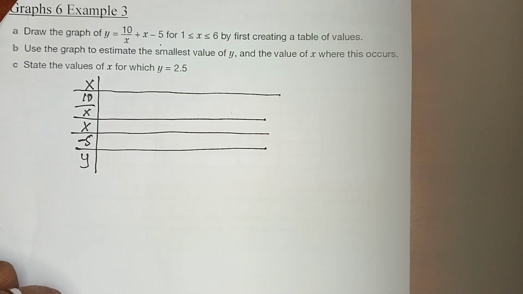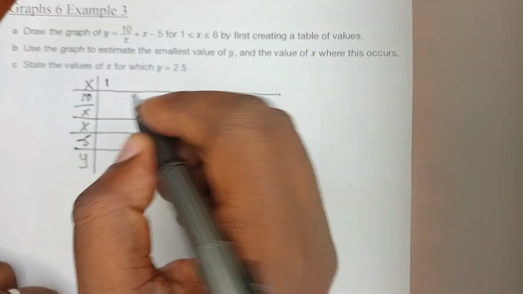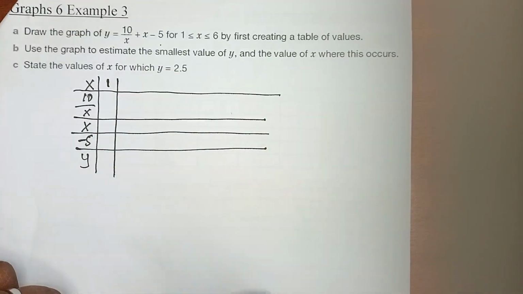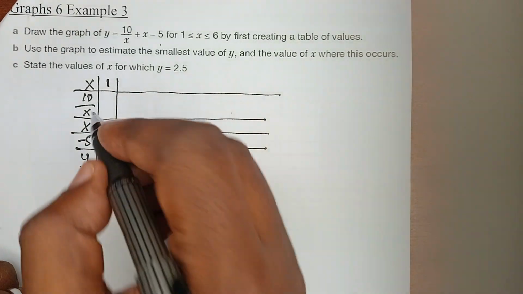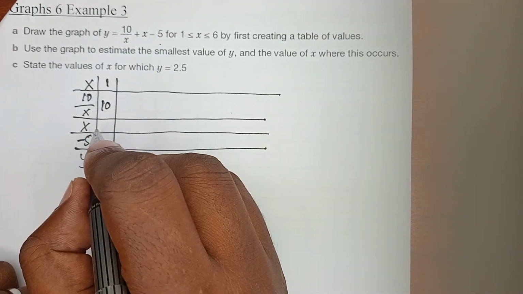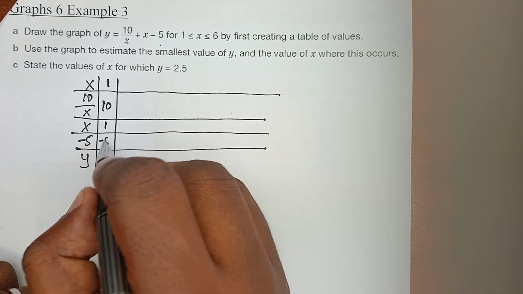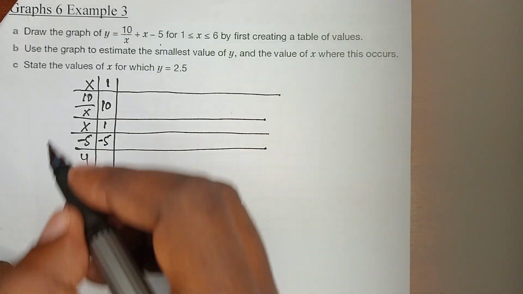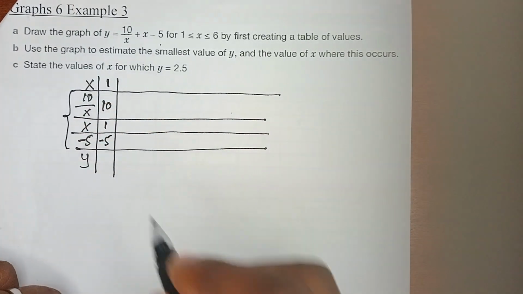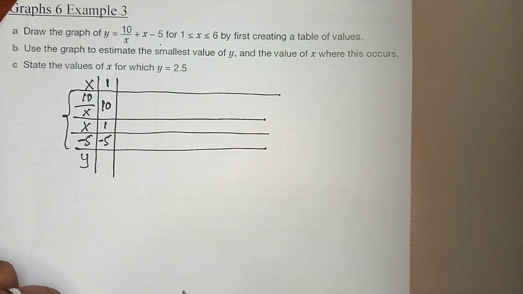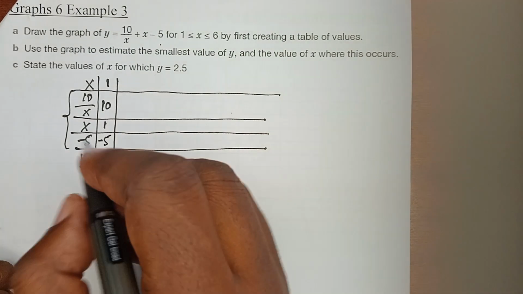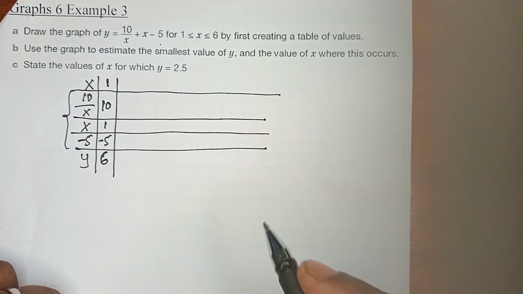When x is 1, because that is the least value of x, 10 over 1 is 10. Then x represents itself here as 1 again, and this is a constant minus 5. The value of y is the sum of all those rows. So 10 plus 1 is 11, minus 5 is 6.